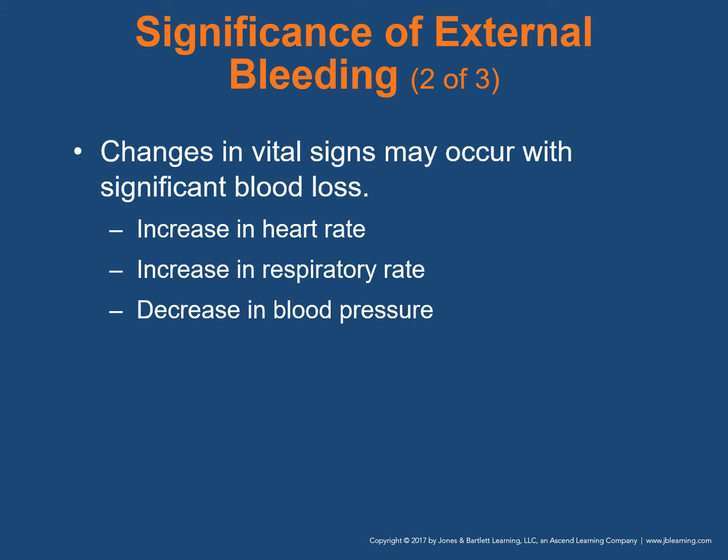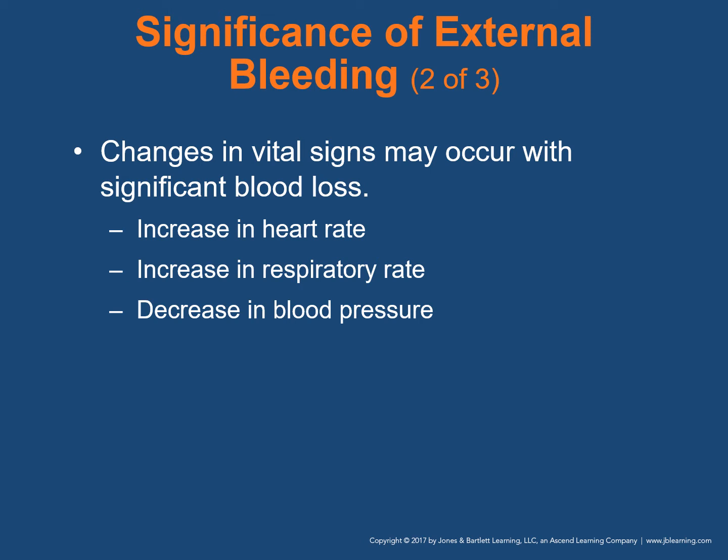When you have a patient who has significant blood loss, we would expect to see changes in their vital signs. Now, just like shock, when we have blood loss, our initial reaction is going to be some compensation, and that's where we see those initial changes in our vital signs.